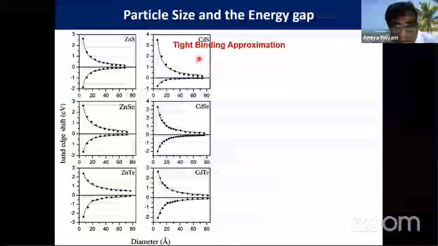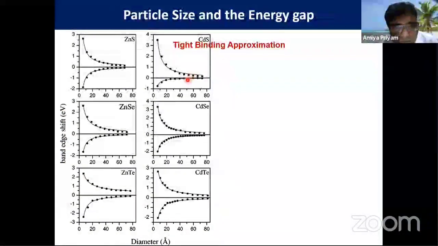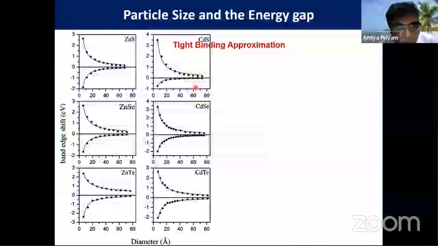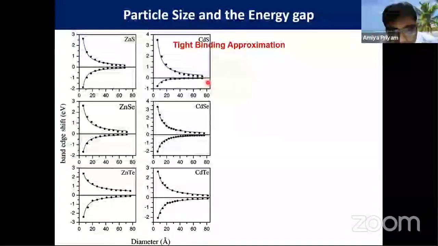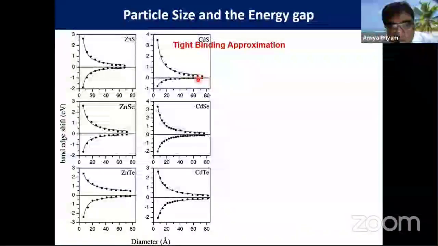Similarly with other cases, like cadmium sulfide, you will have a similar profile. Of course, the values on the x and y axes will be different because, as I said, the Bohr atom diameter will be different in different cases. You can also see that for cadmium sulfide, by the time you approach 80 angstrom, that is 8 nanometers, it becomes flat, asymptotic, and you will have a fixed band gap.